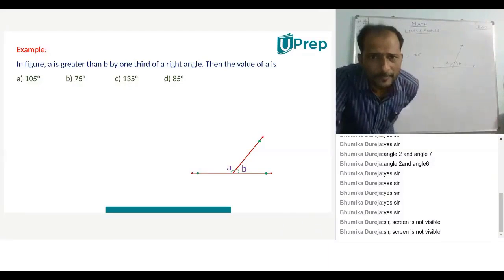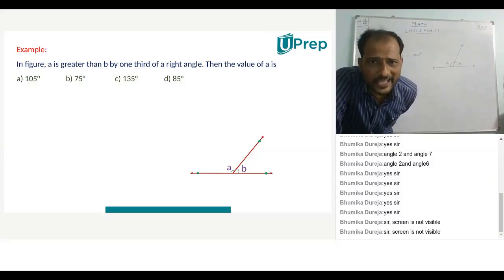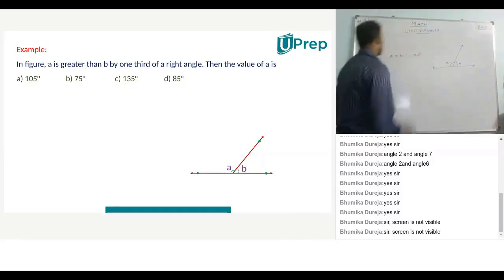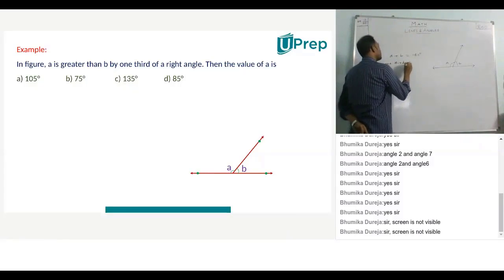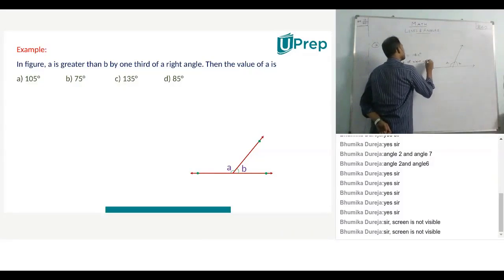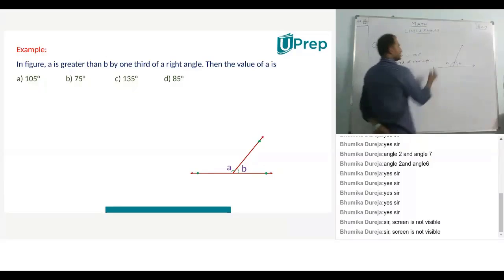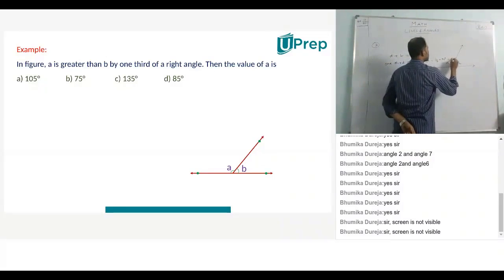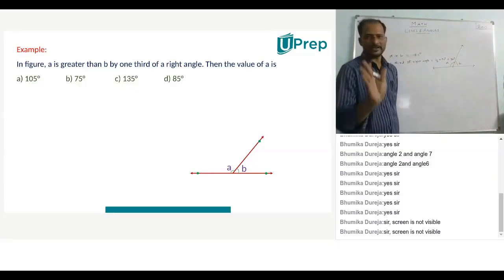Now what's the question? A is greater than B by 1/3 of a right angle. 1/3 of right angle will be equal to what? 1/3 of 90 degrees, which is equal to 30 degrees. Am I right?